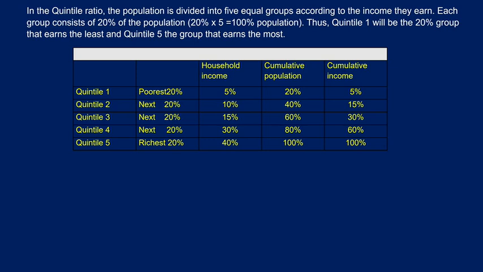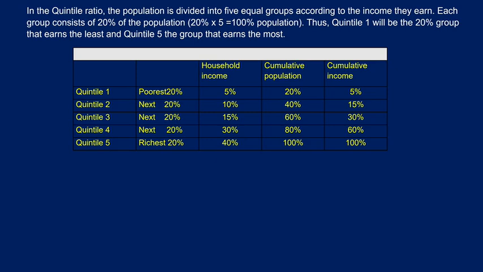So we see quintile 1 is the poorest 20%, and they earn 5% of the income. Quintile 2, which is the next 20%, earns 10%. Quintile 3 earns 15%. Quintile 4 earns 30%, and the richest 20% earns 40% of total income.